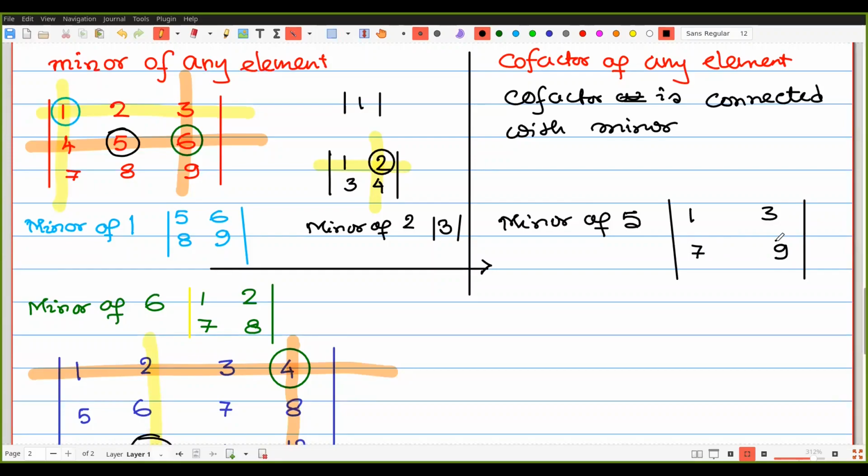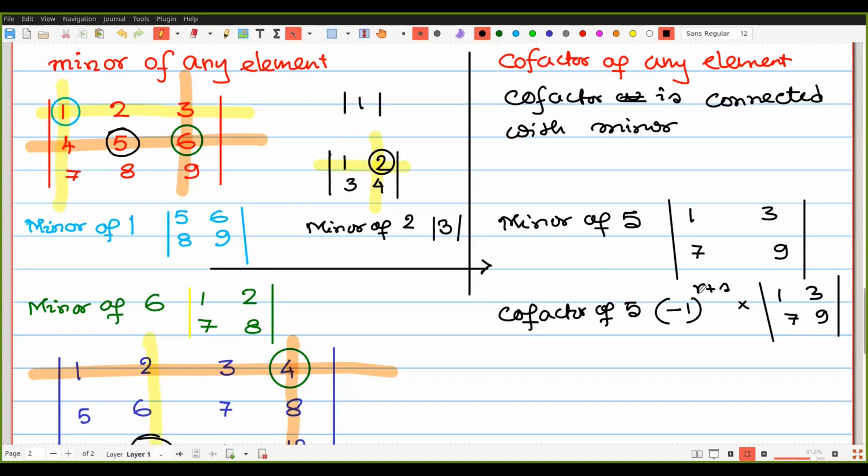Why? Because we have removed row number 2, column number 2. So 1, 3, 7, 9, that is the minor of 5. But the cofactor of 5 is connected with -1 whole to the power r plus s into its minor. That means 1, 3, 7, 9.